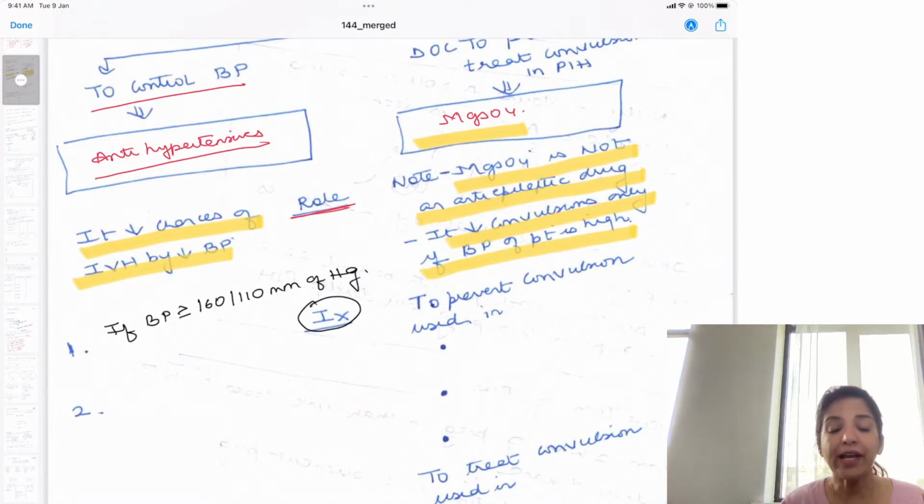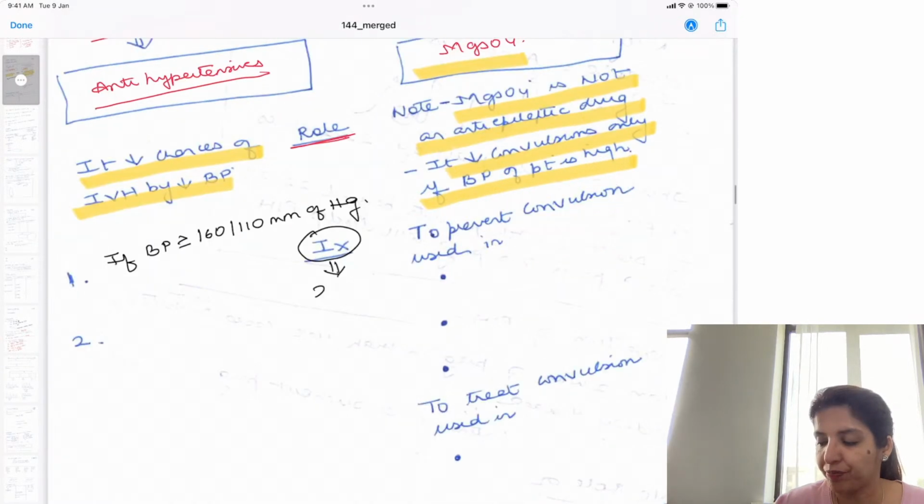But then as the next step you will not say that the next step is giving antihypertensive. Why? Because they have given only one reading with high BP, right? So whenever you have to start antihypertensives, you should always have two readings. Always.